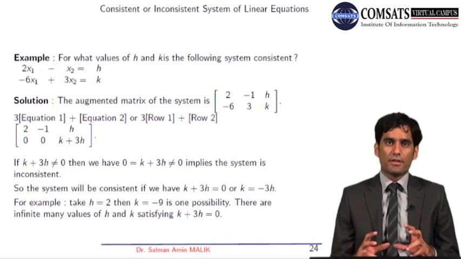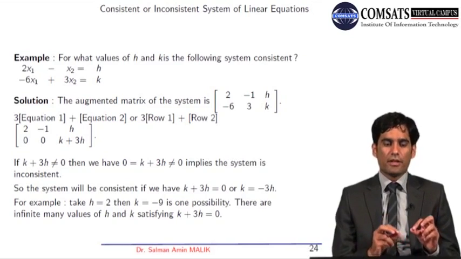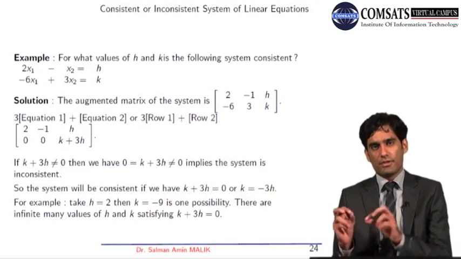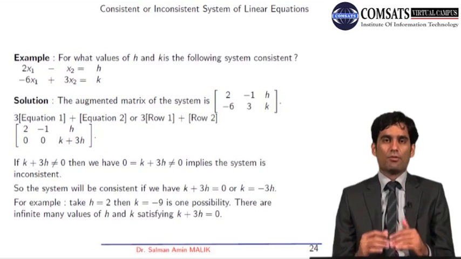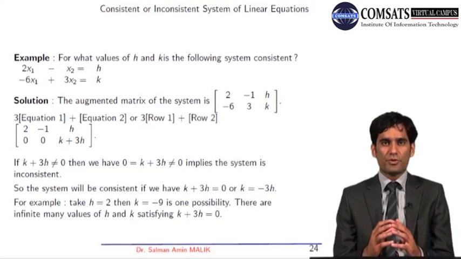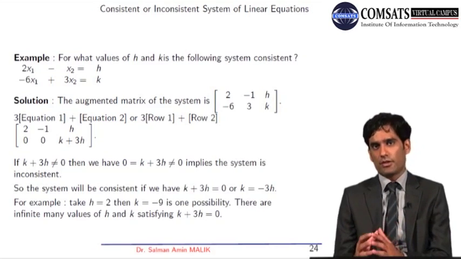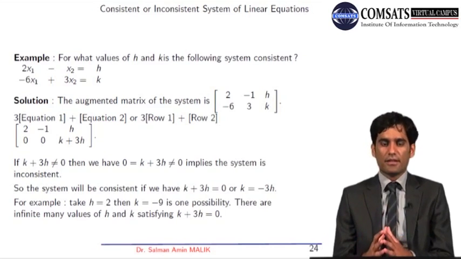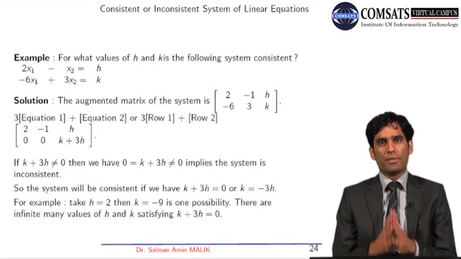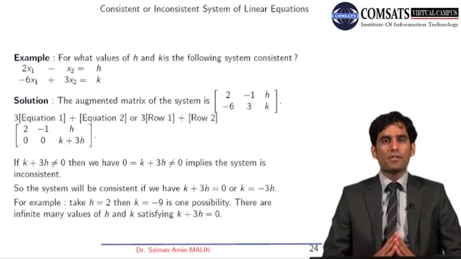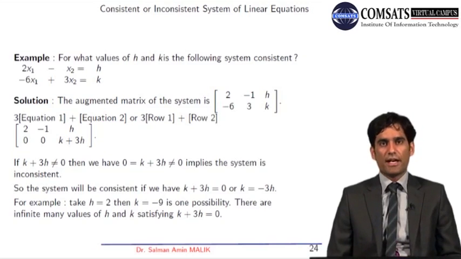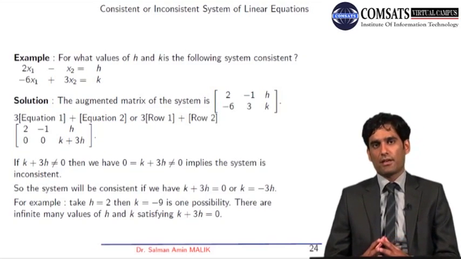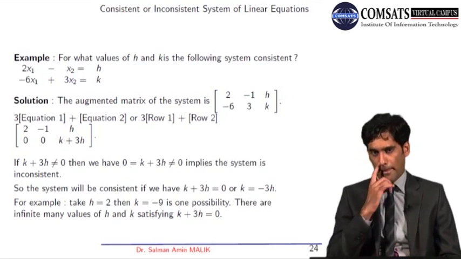So what are the possibilities? That 3h plus k equals 0, and the other possibility is not equal to 0. The system of linear equations will be consistent if we have 3h plus k equals 0.